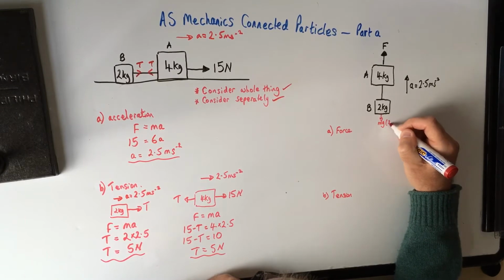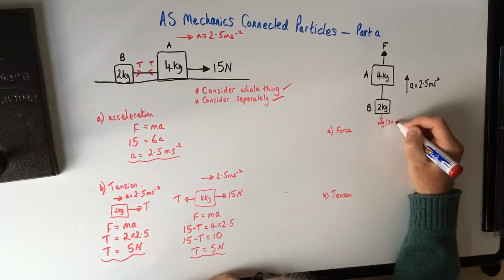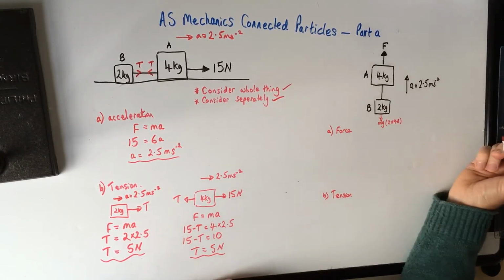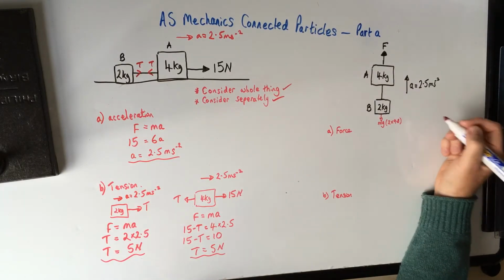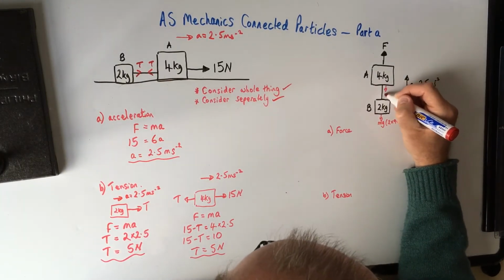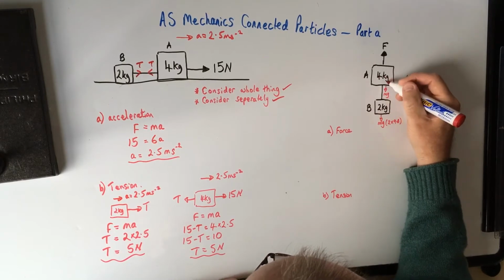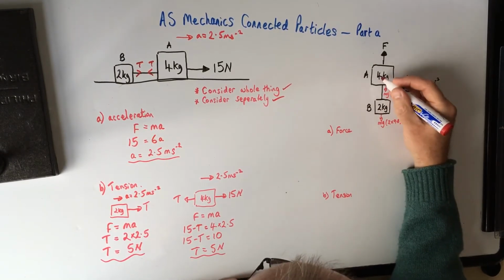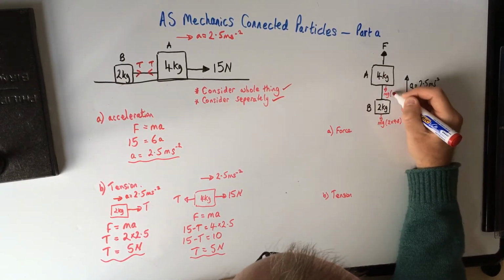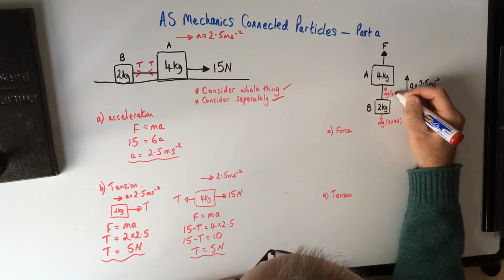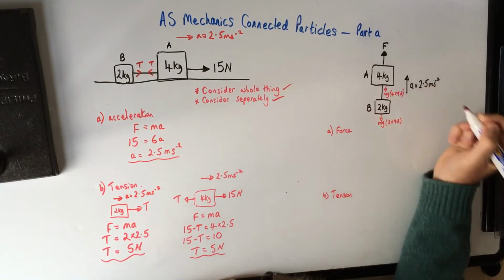That is 2 times 9.8, where 2 is the mass and gravity is 9.8 meters per second squared. And here we've got mg acting as a force down from this block. So this 4 kilogram block is creating a weight of 4 times 9.8.